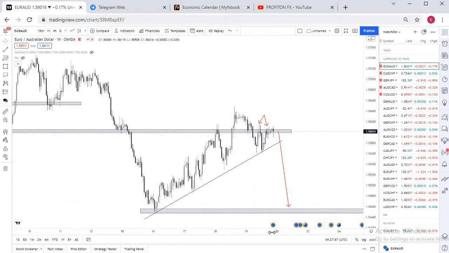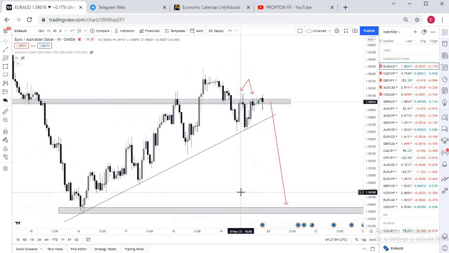Now when we zoom in a little bit here, you'll realize that we saw price come to this level, form two rejections off of this level, and again price came back to this level.